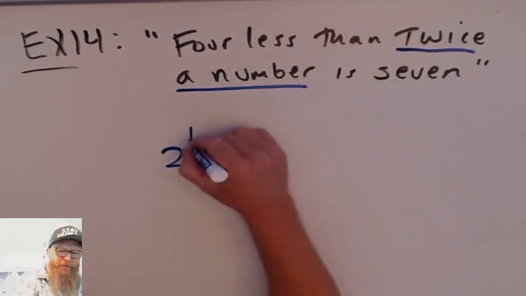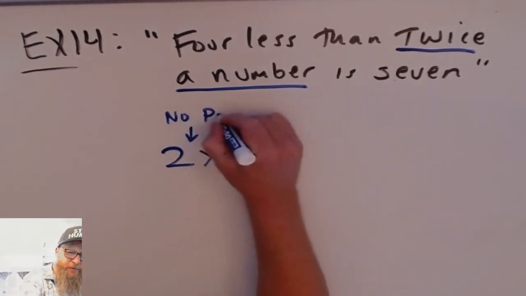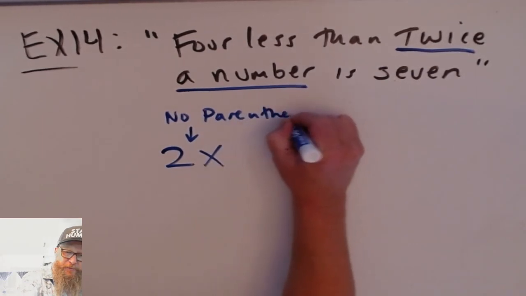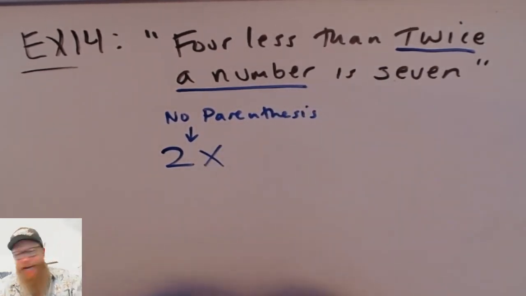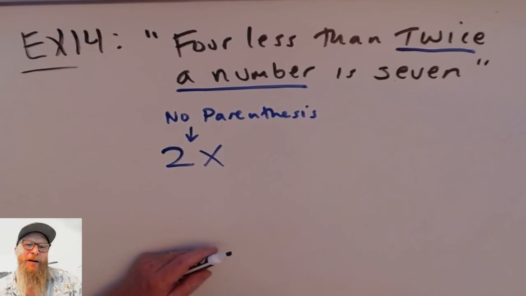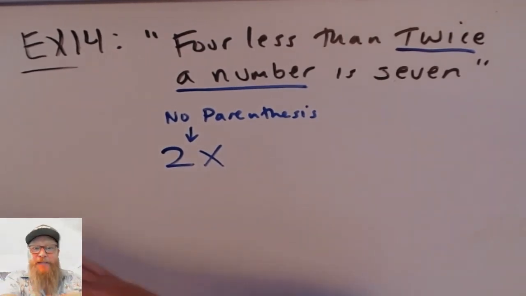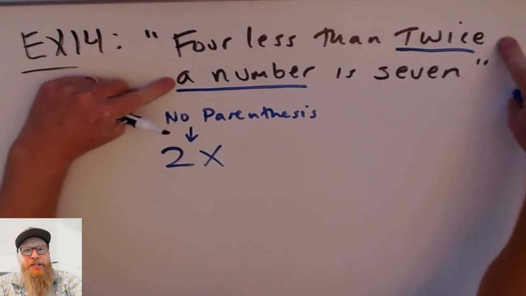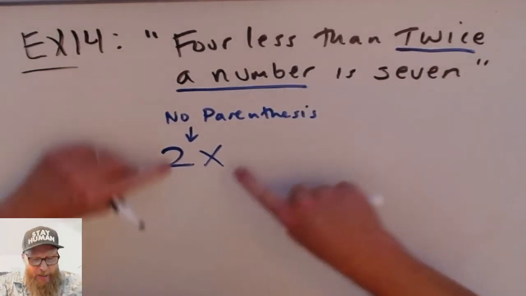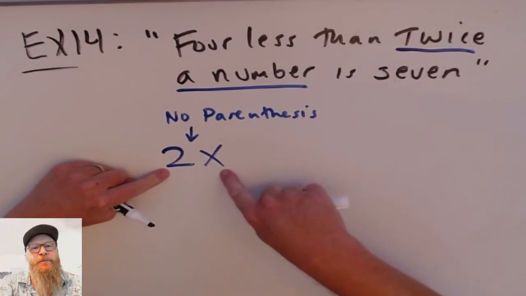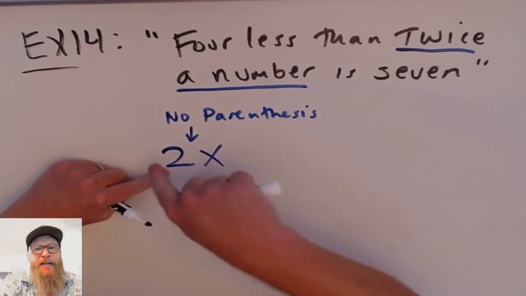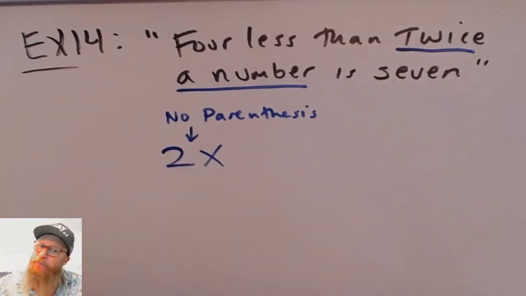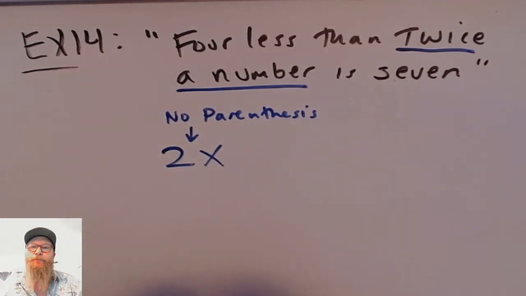So no parentheses. It really does take practice to learn how to speak math, right? I mean, if I say twice the sum, well, then you have to use parentheses. If I say twice the difference, then you have to use parentheses. But if I just say twice a number, you can just say 2x. Or you could say 2 dot x, but I'm not requiring the dot.